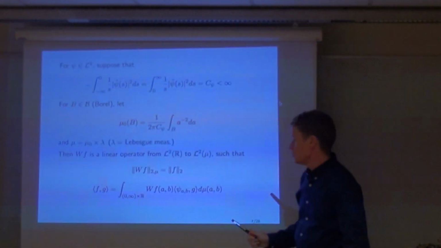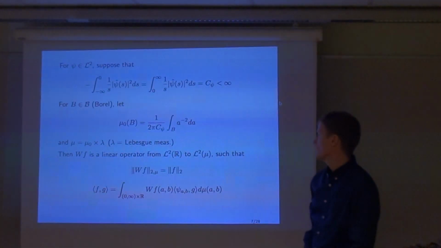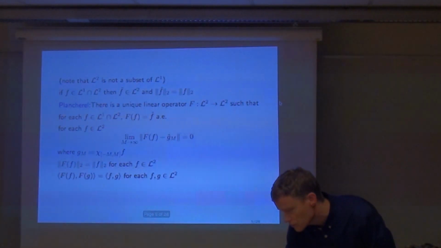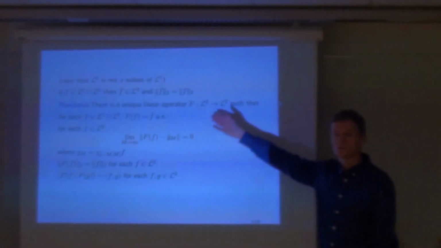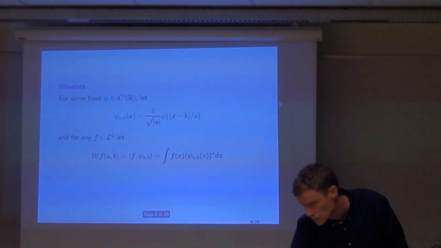Then the wavelet transform is a linear operator. So what am I doing? I'm now stating something that corresponds to this Plancherel theorem, but for wavelets. That's what I'm doing.